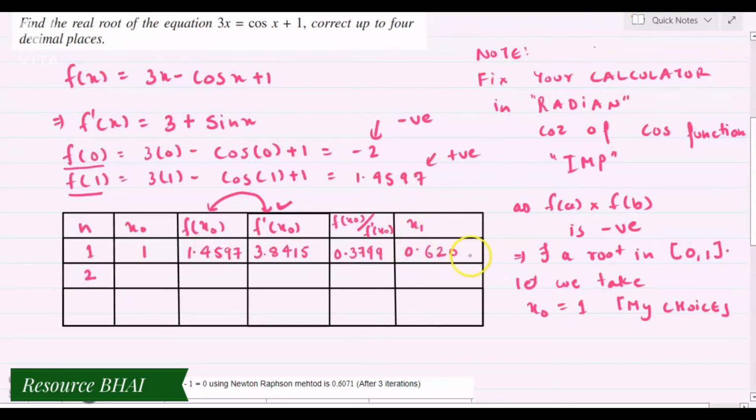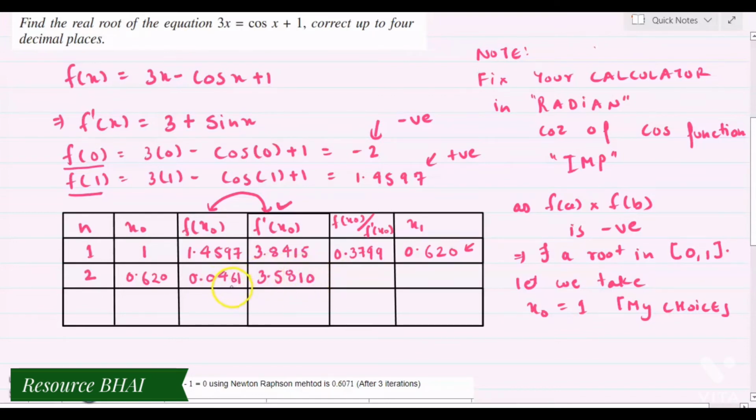So n will be 2, and you need to use this value as your x naught, 0.620. Again find the value of the function at 0.620. It is coming out to be 0.0461. Now find the value of the derivative at 0.620, and it is coming out to be 3.580.